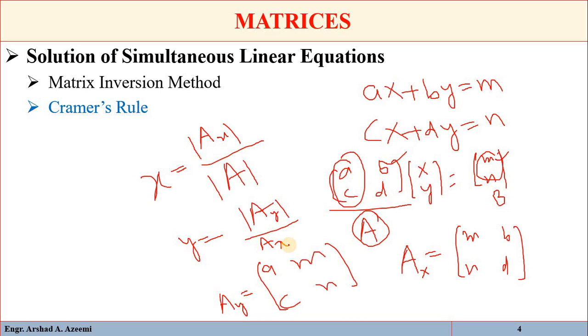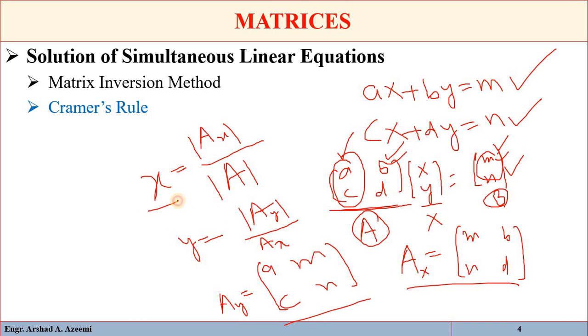So this is called Cramer's rule. Again, if we have the general system of equations, take out its coefficients, so it will be a, b, c, d, that is matrix A, this is matrix X, and this is matrix B. First replace the first column of matrix A by matrix B, which is called matrix AX. Then replace the second column of matrix A by matrix B, which will be called AY.